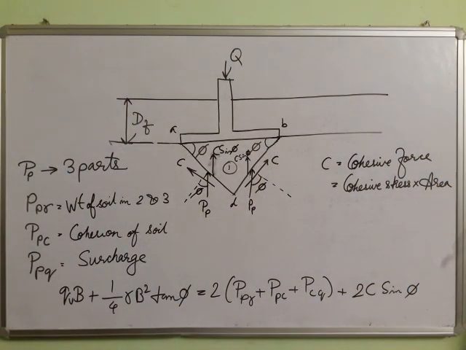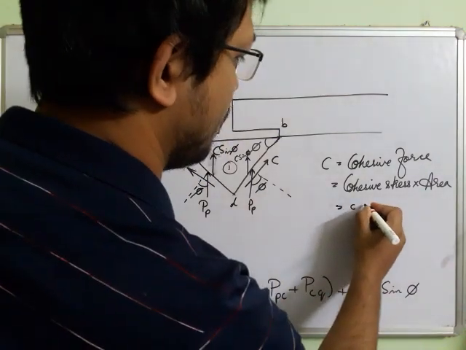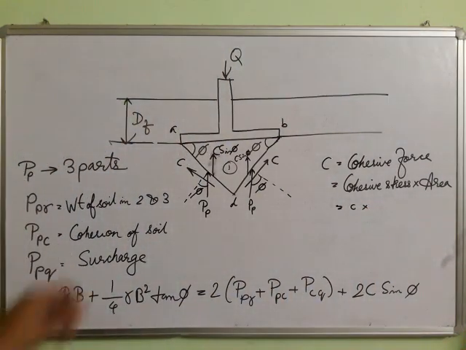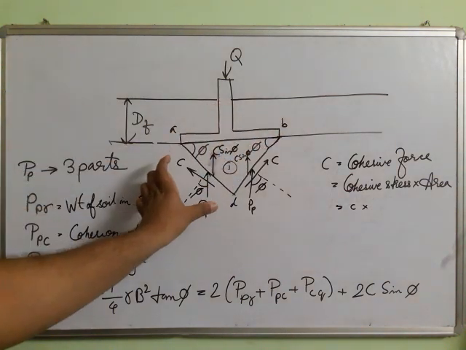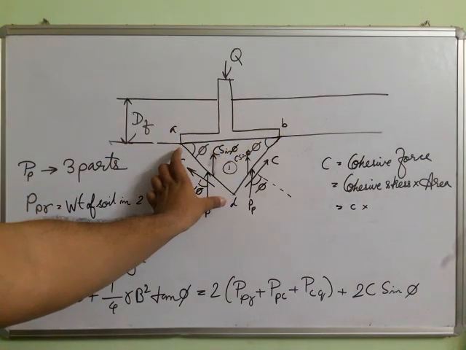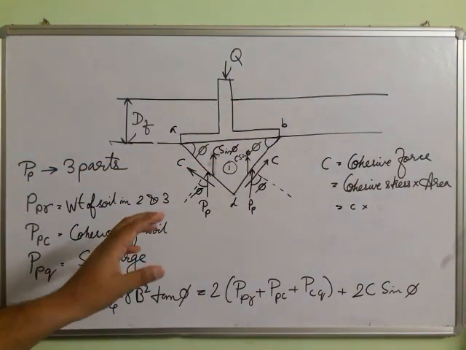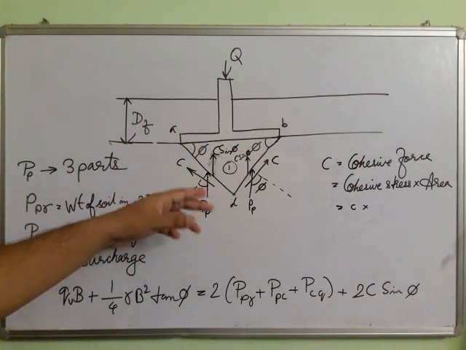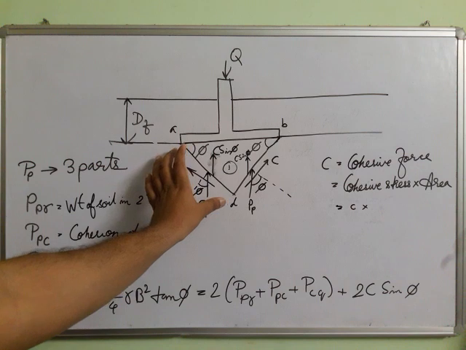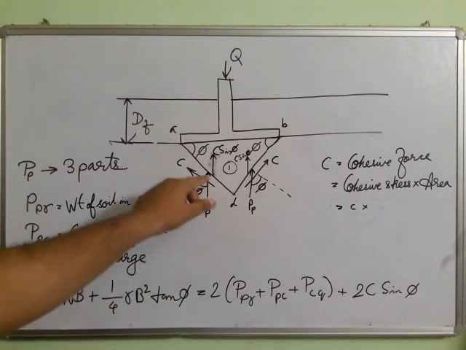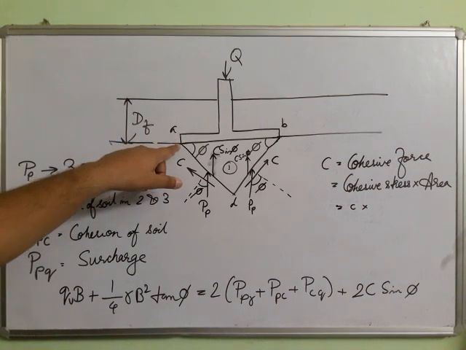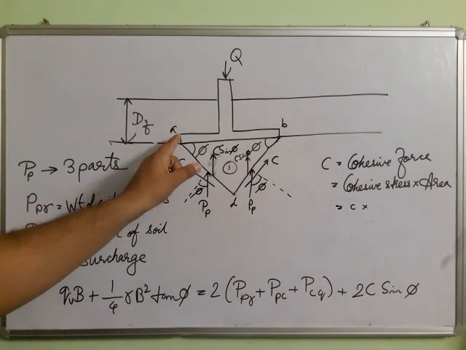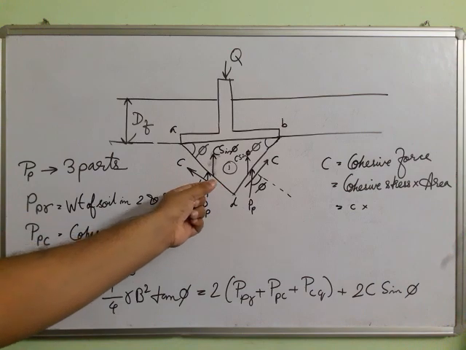Force is equal to stress into area. So let us consider the cohesive force is equal to stress, small c, into area. See, there are two areas. This small c is applying on this area, and this small c is applying on this area. So let us calculate it for one and just multiply it by 2. Area here is AD, this length, into the thickness, which is unit.